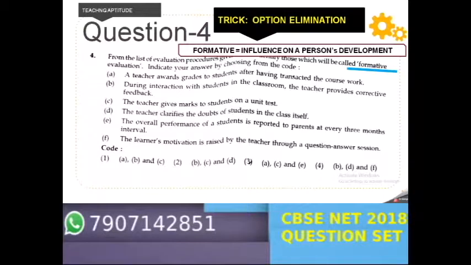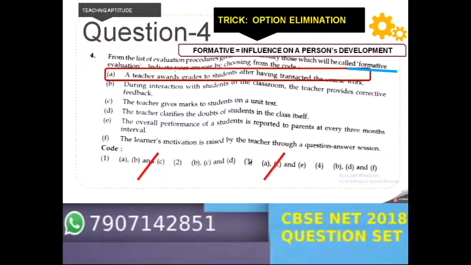Okay, so we can eliminate option 1 and option 3. Why do I eliminate option 1 and option 3? The teacher awards grades to the students after having transacted the coursework, so it is only after completing the course, right? What is the exact meaning of formative evaluation? Formative, as in the box given here, means influence on a person's development.